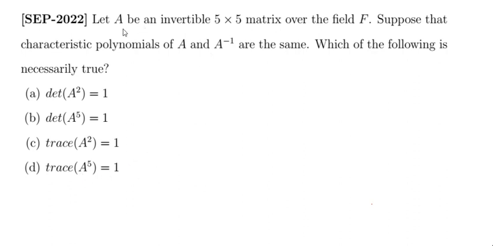Here we will consider a matrix A such that it is an invertible 5 by 5 matrix. For simplicity, we will take the matrix A to be the identity matrix of order 5 by 5. Clearly the identity matrix is an invertible matrix, so automatically we will have a characteristic polynomial.